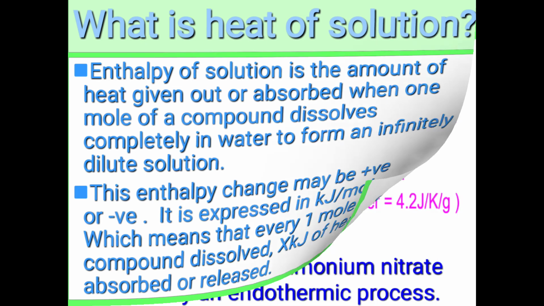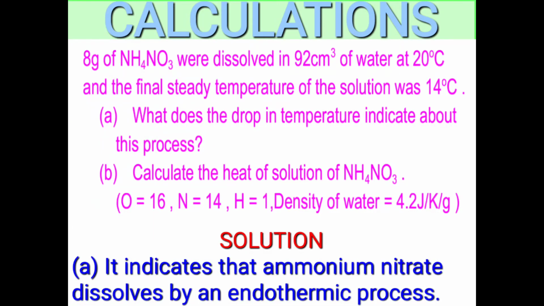Let's continue. Now let us look at calculations on molar enthalpy of solution. They are telling us that 80 grams of ammonium nitrate were dissolved in 92 cubic centimeters of water at 20 degrees Celsius, and the final steady temperature of the solution was 14 degrees Celsius.